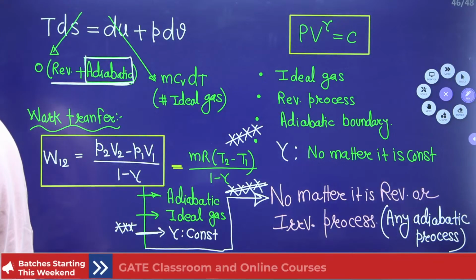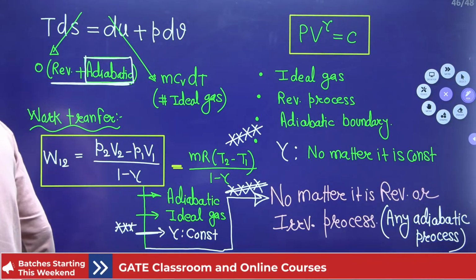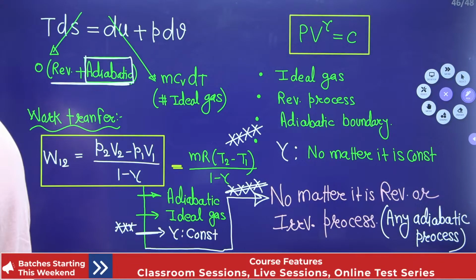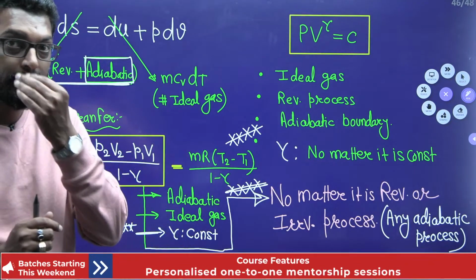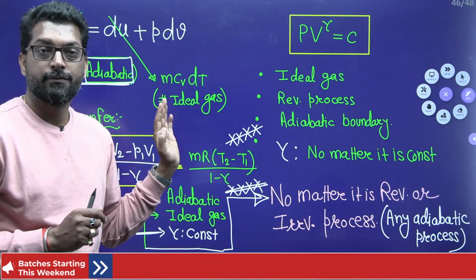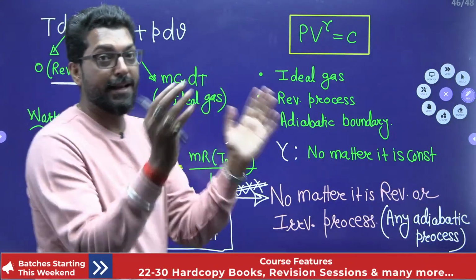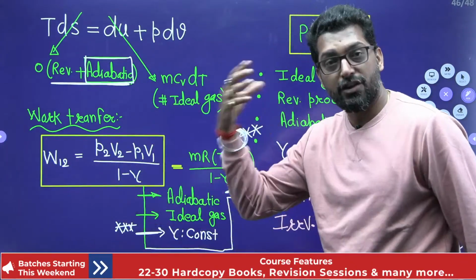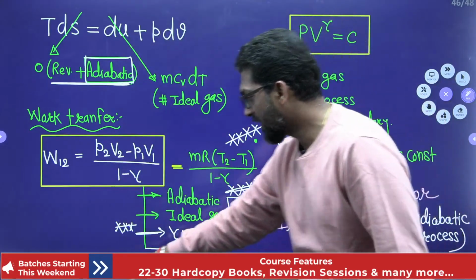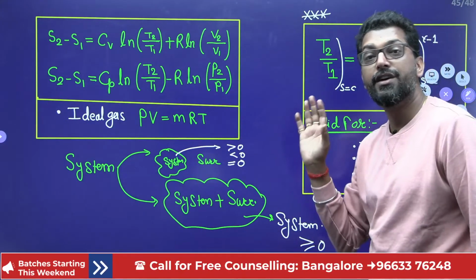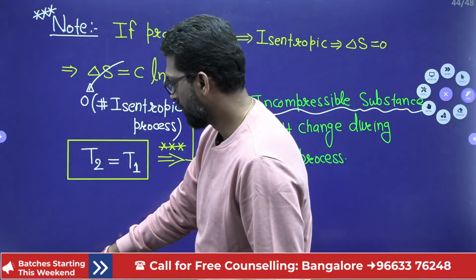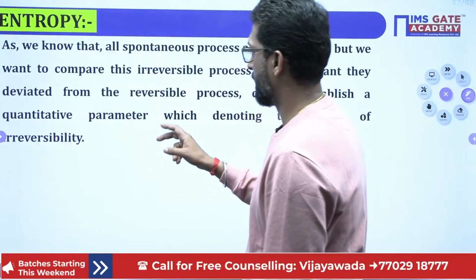Now, my dear, if you know this very correctly, this is all about your work transfer. This is very important in many thermodynamic processes. In many situations, these concepts are useful to you, and they are very subtle concepts, I am telling you.